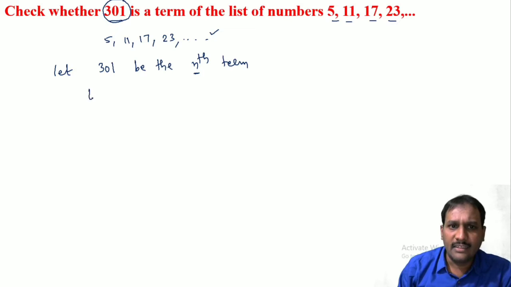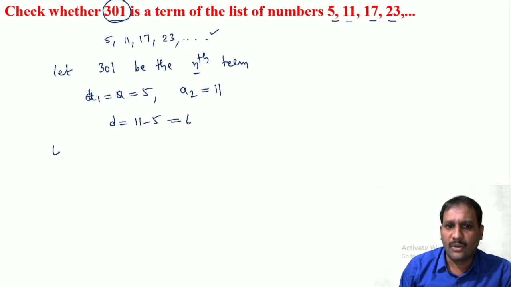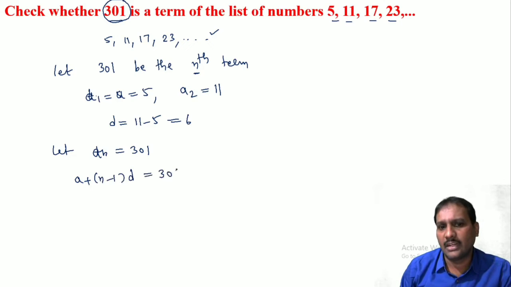Now here a1 is equal to a is equal to 5, a2 is equal to 11, and d is equal to 11 minus 5, that is 6. Now let tn or an be equal to 301. An is a plus n minus 1 into d, which is equal to 301. So let us substitute the a and d values.